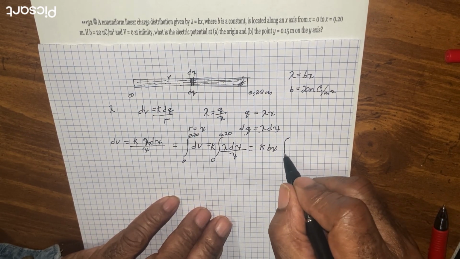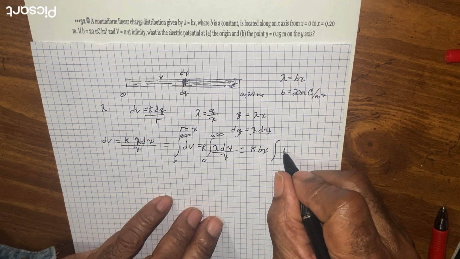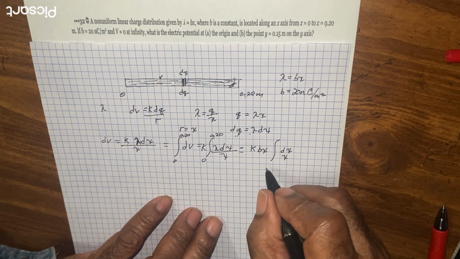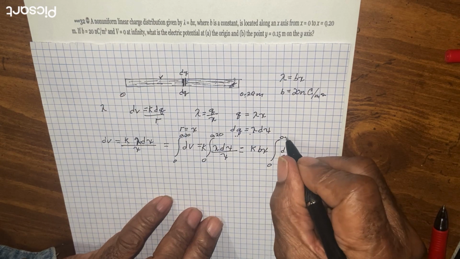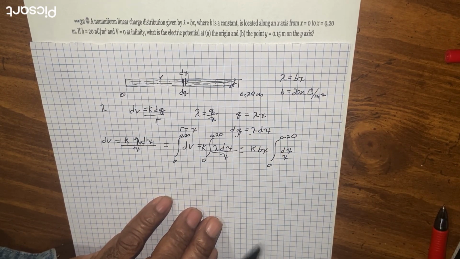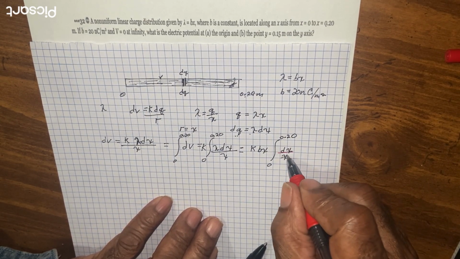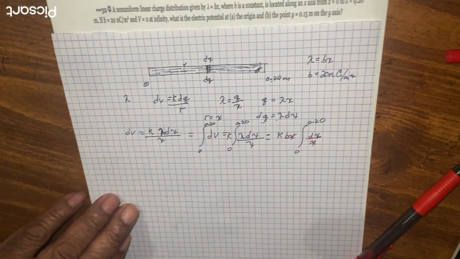And we're going to have the integral dx over x from 0 to 0.20. Now the x's, they cancel. That's what's nice about this. The x's cancel.